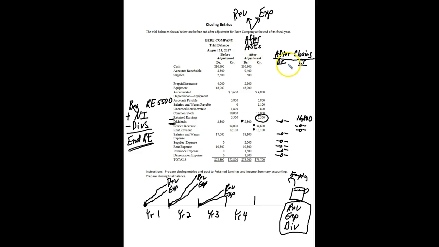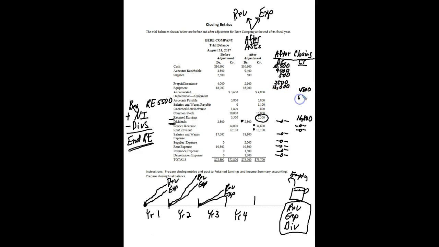So when I go over to after closing, cash will still be its debit of 10,900. Accounts receivable still 9,400. Supplies still 500. Prepaid insurance still 2,500. Equipment still $16,000. And then accumulated depreciation, the credit of $4,800, that did not change.